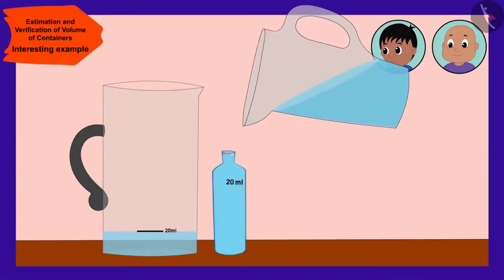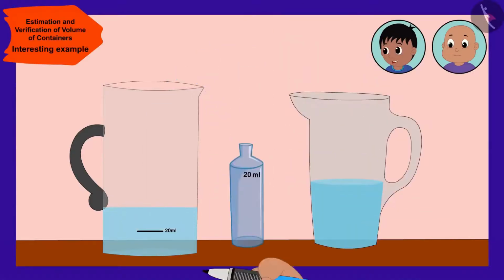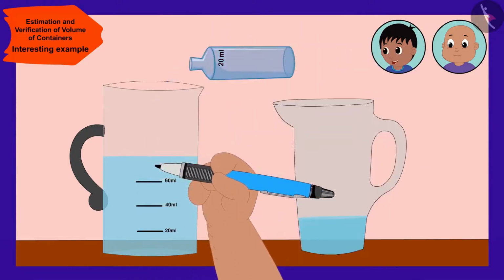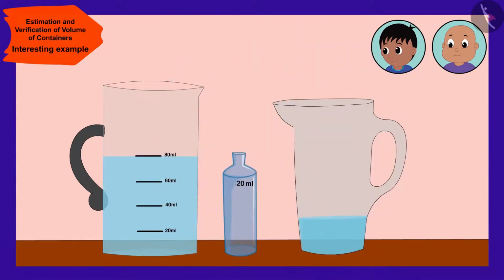Now, we will fill the bottle completely every time and empty it in the jug, and each time a mark will be made on the jug by adding 20 milliliters to the previous level of water. In this way, the marks on the jug will be made at 40, 60, 80 milliliters.